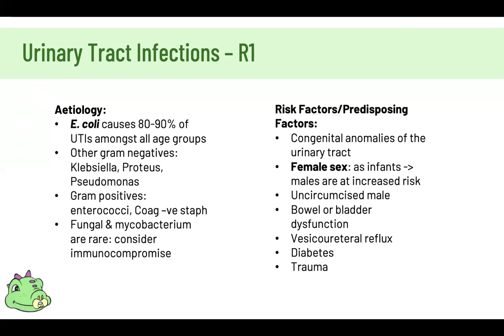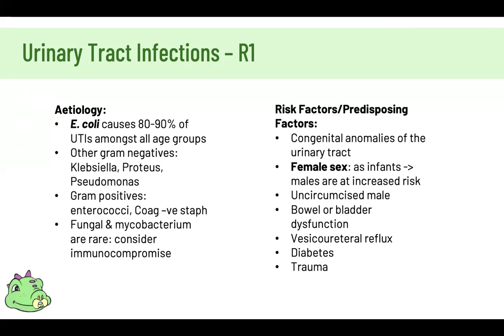Some of the main risk factors that will predispose kids to developing UTIs: obviously any anatomical anomalies of the urinary tract can predispose to developing UTIs. The female sex, essentially after infancy until death, will correlate with an increased risk of UTIs.